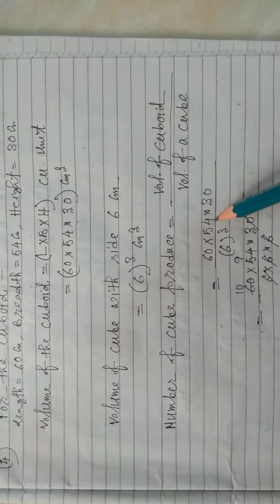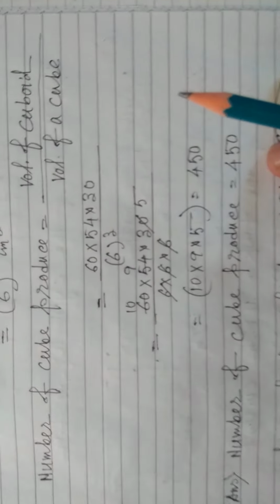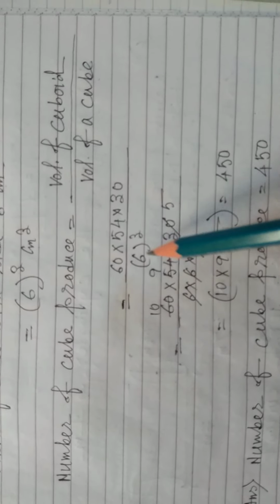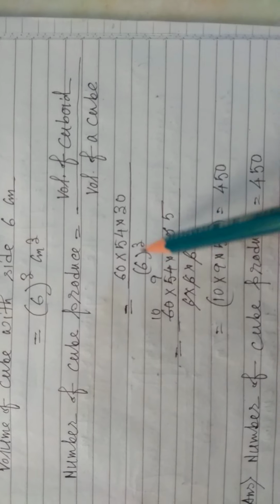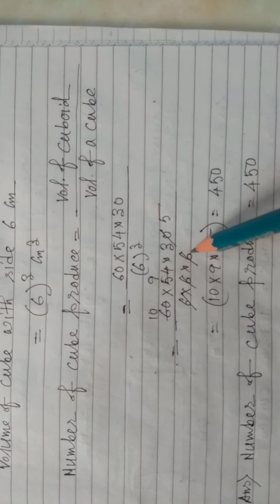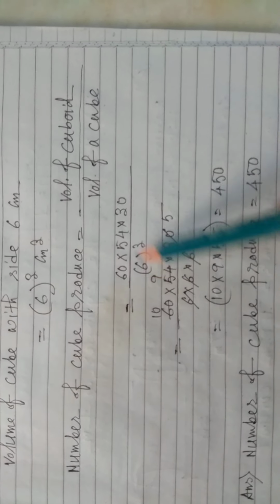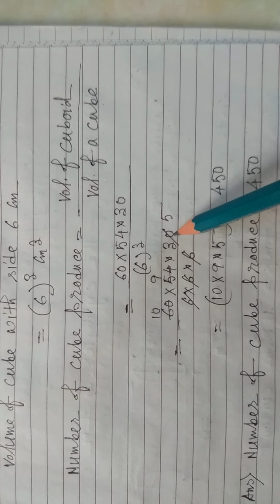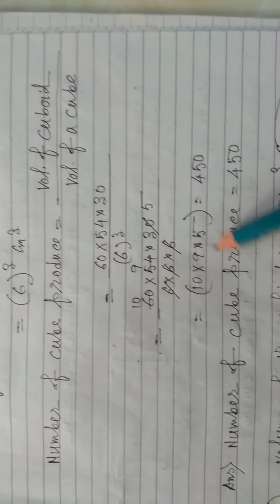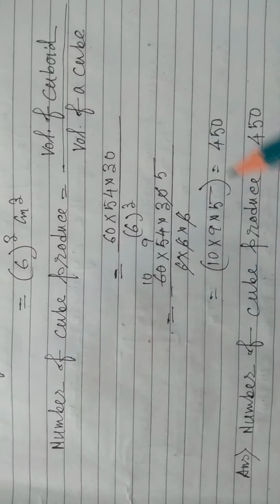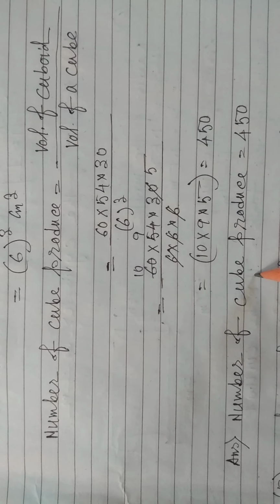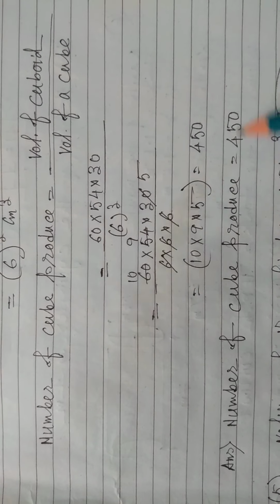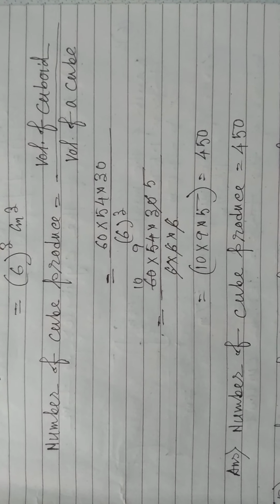So 60 into 54 into 30 by 6 to the power 3. 6 to the power 3 equals 6 into 6 into 6, and the numerator is 60 into 54 into 30. After calculation it is 450. So the number of cubes produced is 450. Thank you.